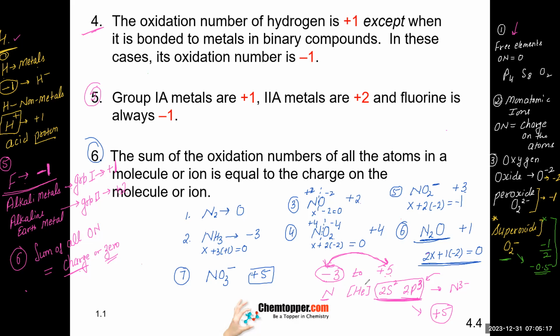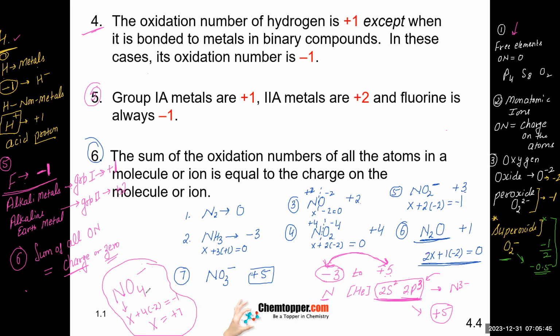Now answer this question. It's a smart question. Can we have NO4 minus? Check the oxidation number of nitrogen here. X plus 4 times minus 2 is minus 1. So X is plus 7. So do you think this particular species is feasible?